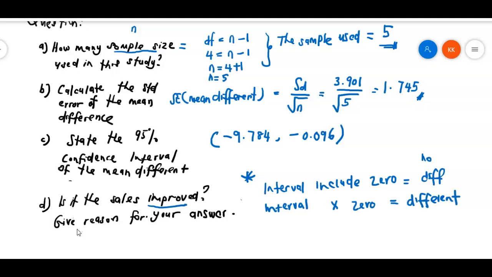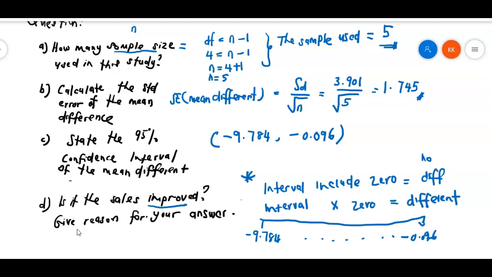Right. So go back to the confidence interval. So here confidence interval negative 9.784 until negative 0.096.